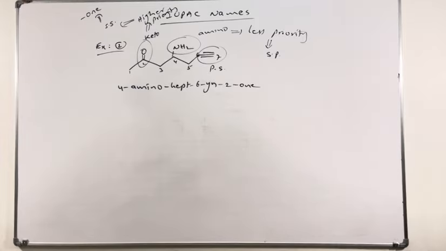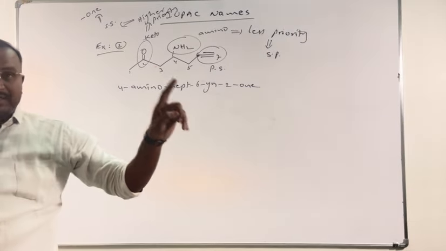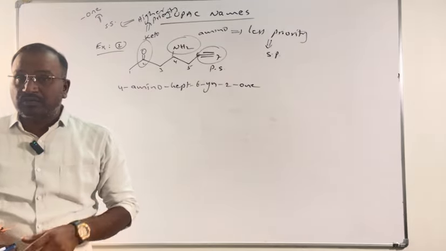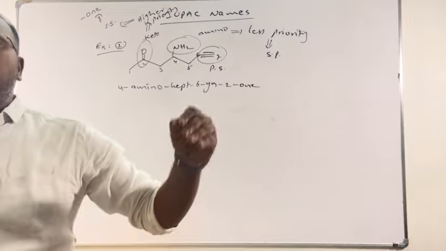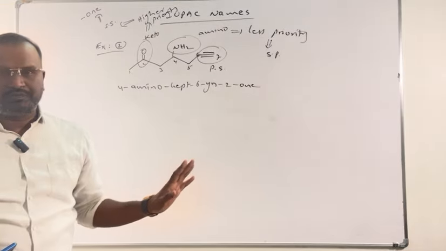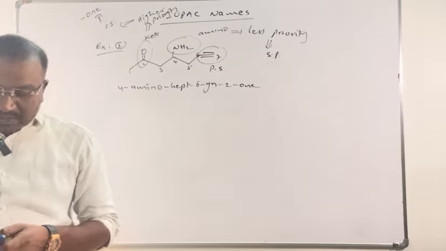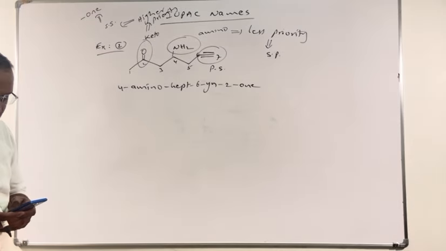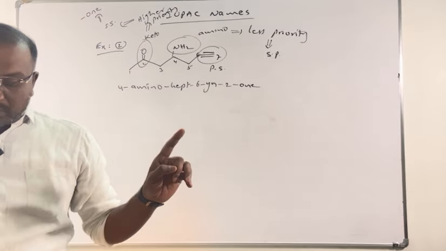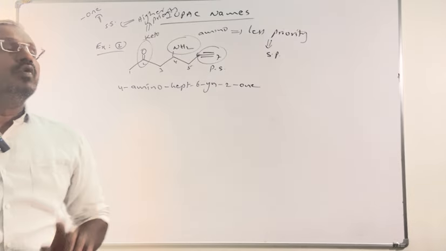Like that, if you identify which one is the secondary suffix, which is the secondary prefix, which is the primary suffix, which is the primary prefix, and what the root word name is, automatically you can write the name for any molecule. So like that we need to write. This is one example. Let me get the confirmation of the name: 4-amino-hept-6-yne-2-one.